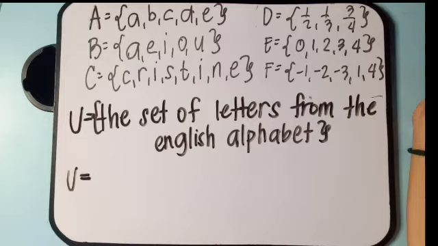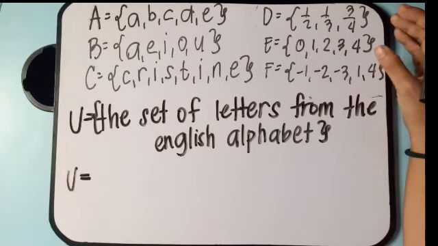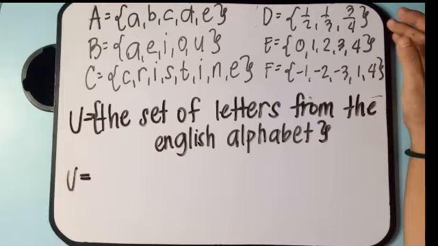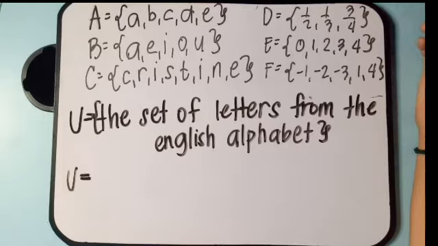Bakit hindi real numbers, ma'am? Because real numbers are rational and irrational. Dito, wala tayong irrational numbers here. Kung mapapansin nyo, puro rational numbers yan. Meron tayong fraction, meron tayong 0, meron tayong positive integers, meron tayong negative integers.